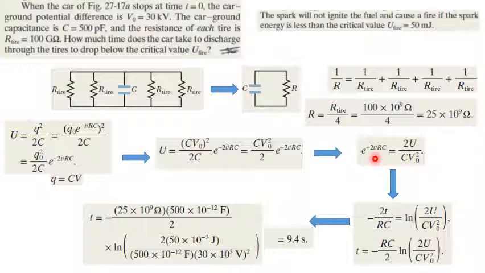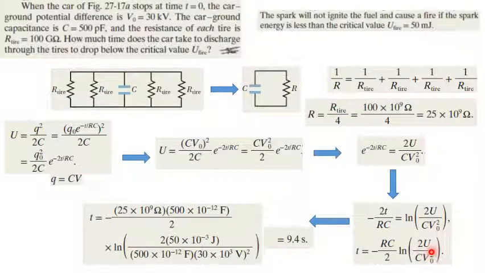To find the time, let us take the natural logarithm of both sides. The natural logarithm of this term is minus 2t over RC, and here ln of 2U over C V naught squared. So we can say that t equals minus RC over 2 ln of 2U over C V naught squared.